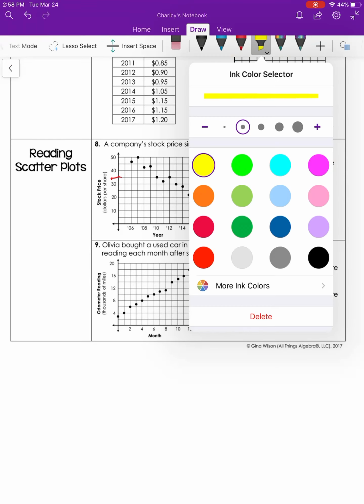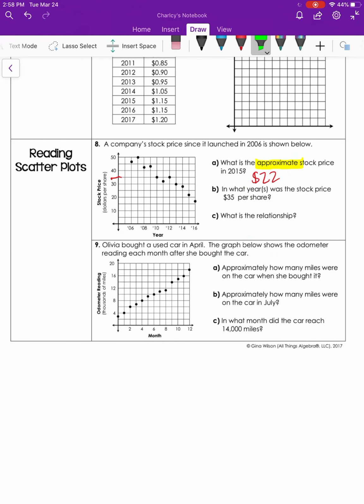So what our job is to do is to go on that 35 line and find where there are dots. And already in my little green highlight, I have found 2 dots here. So I want to see where they connect. This first dot looks like it's going to 2010, and the second one is going to 2012. So that means in 2010 and 2012, stocks were $35 per share.